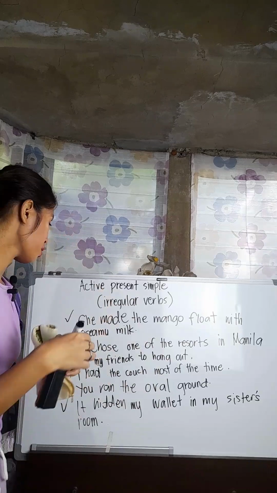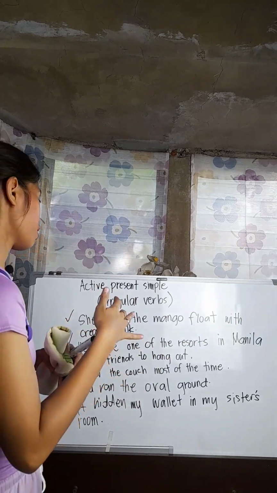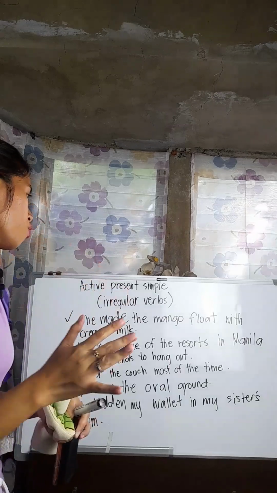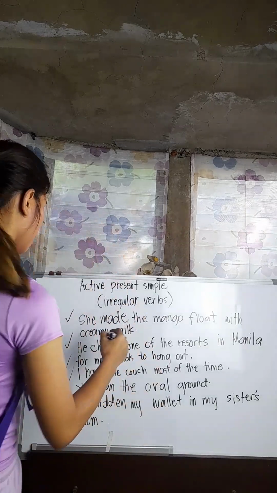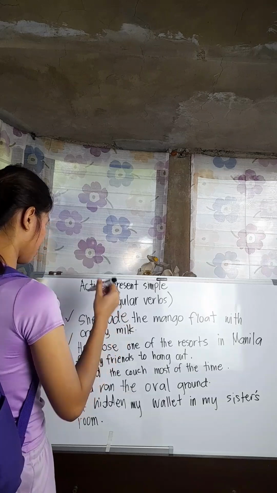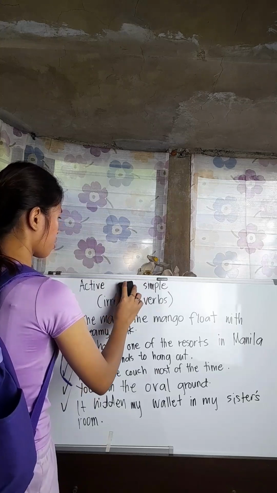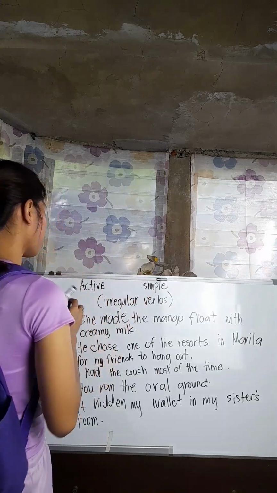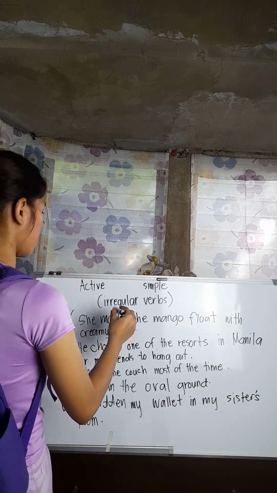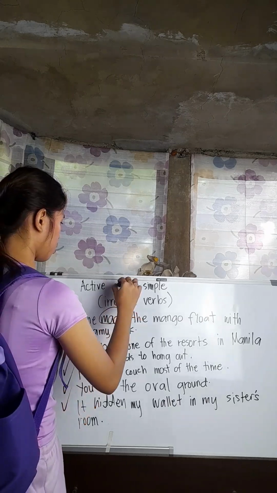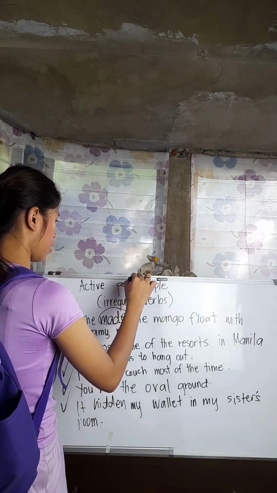There you are. For the first sentence, she made the mango float with creamy milk. She as the subject, made as the past simple verb. Let's change it since we turned it already. Past.